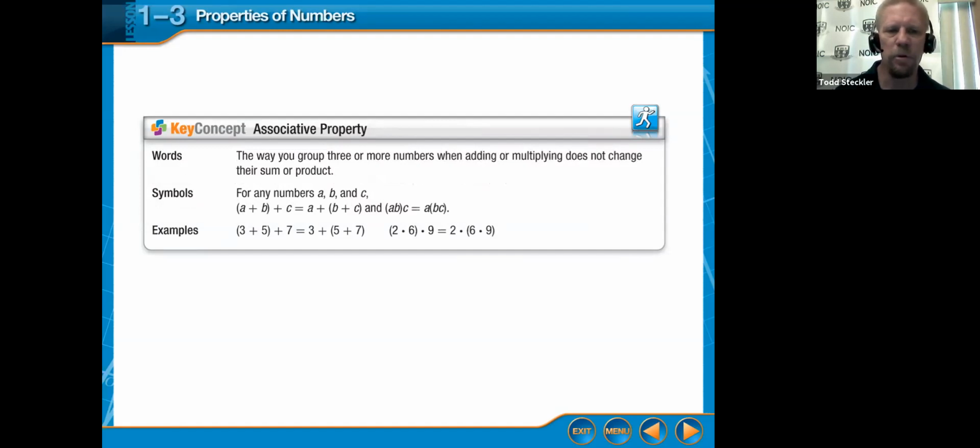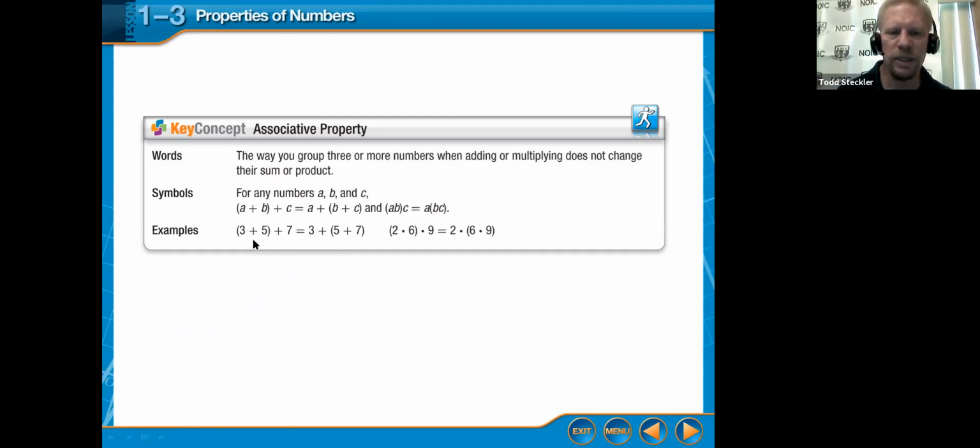So as an example, if we put the grouping symbols for 3, 5, and 7 around 3 and 5, and if we add the 3 and the 5 first, that's 8. And then 8 plus 7 is a 15. But if we were to put the grouping symbols around the 5 and the 7 and add those two first, 5 plus 7 is 12. 3 plus 12 is also 15.